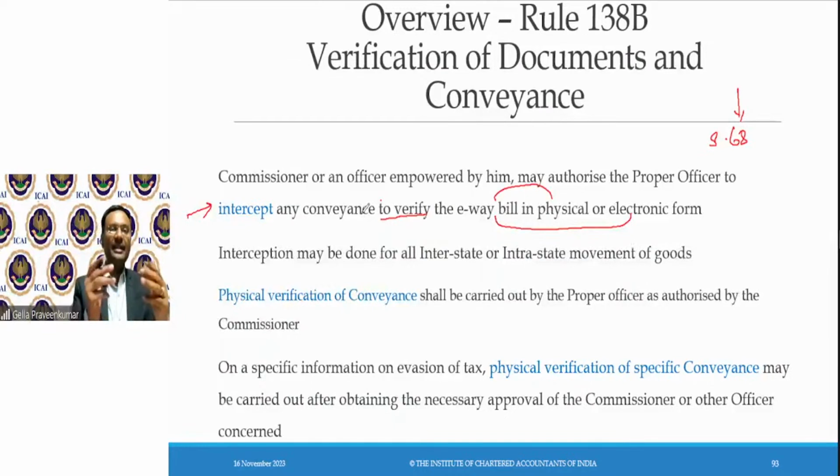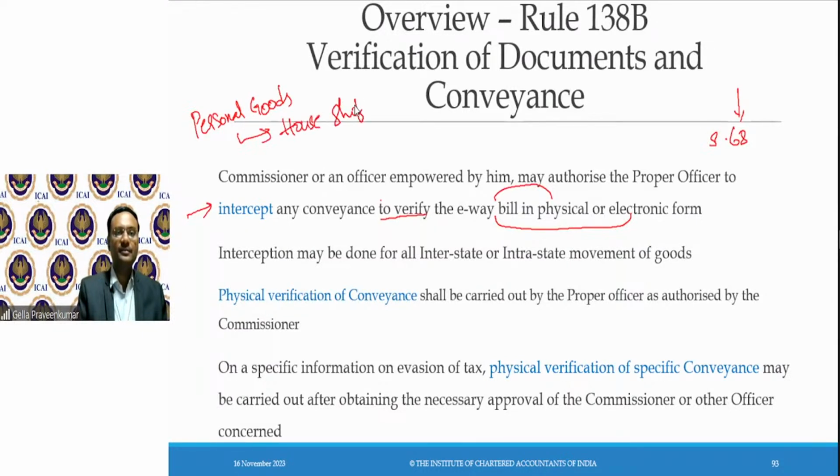If you say e-waybill is not required, then you have to give reasons. One of the reasons, say, is personal goods for house shifting. Let's assume that I stay in MG Road and shift to, say, Brigade Road.